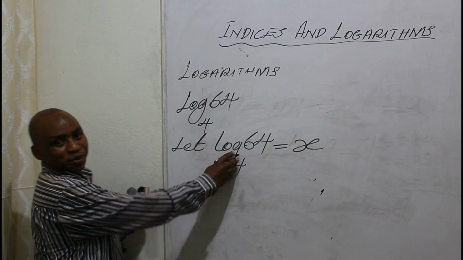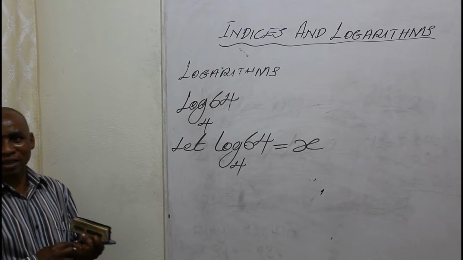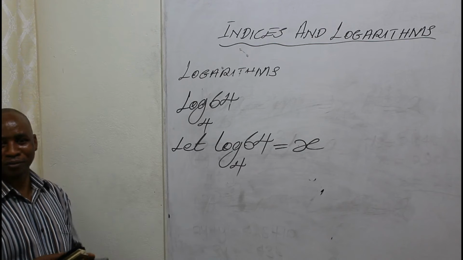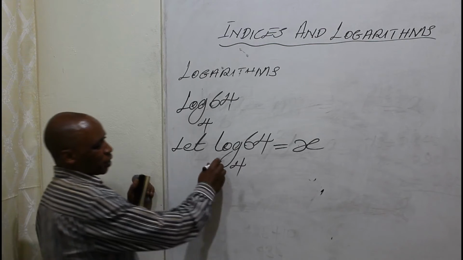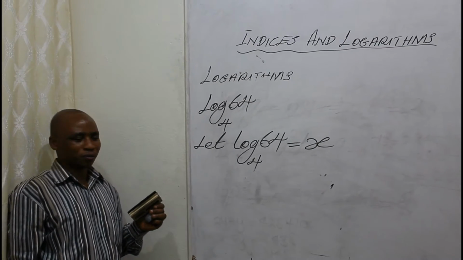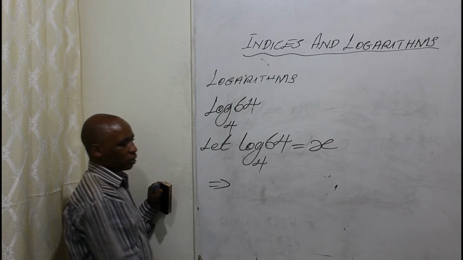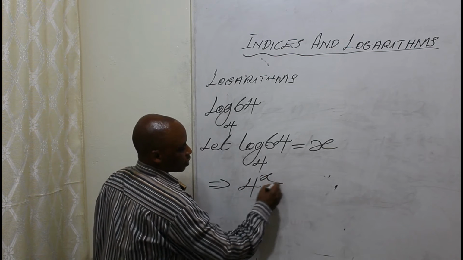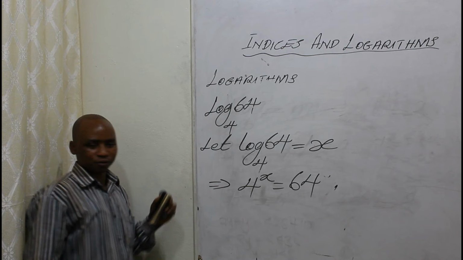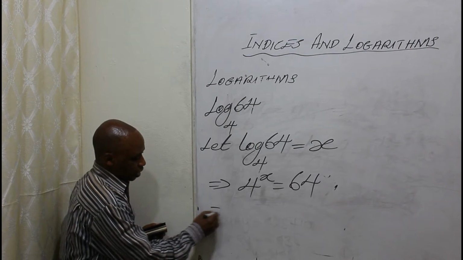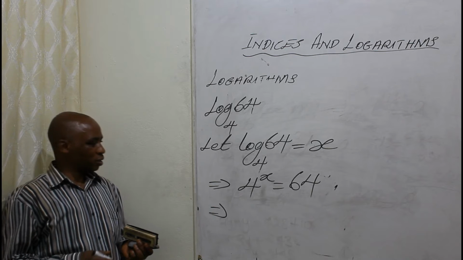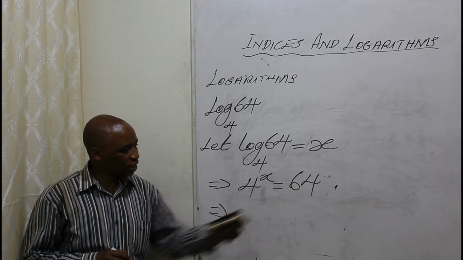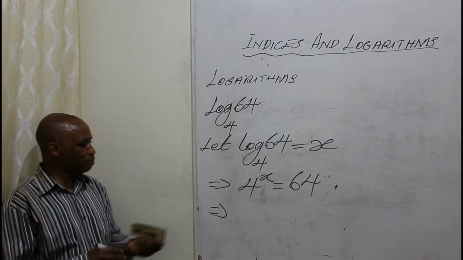Then we now express this in index form. As I said earlier, logarithms and indices intermarry, let me put it that way. So in index form, it will mean 4 raised to the power x is equal to 64. Then, just as we solved equations involving indices, we express 64 to the same base as 4.